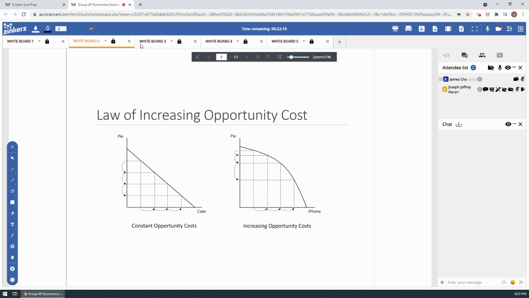But again, if we happen to be here on my PPF curve, so no wasted resources, even though I'm only making pies, I still need to use all of the metal, the computer chips, and the glass.